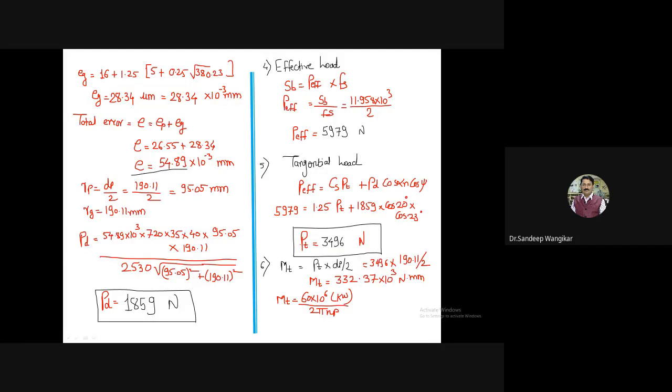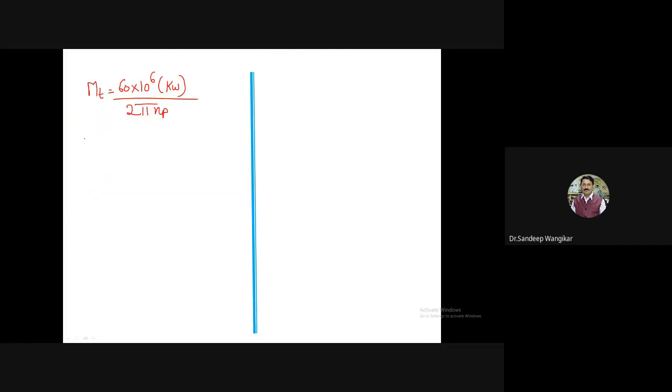MT value 332.37 is equal to 60 into 10 raised to 6 kilowatt divided by 2 pi, and NP value is 720. So substitute all the values. You will get the value for kilowatt.